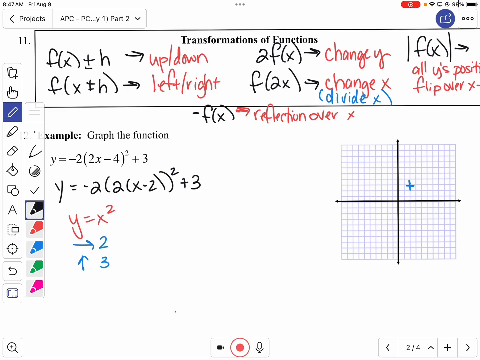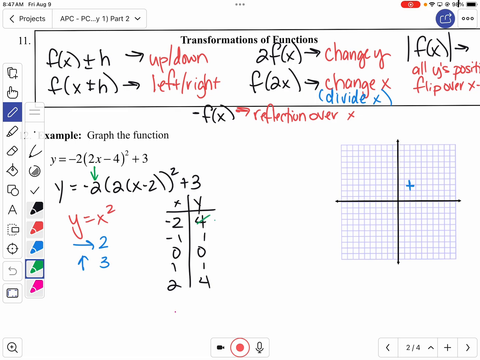Now, the thing about the other stuff that's left, I think about that basic table of ordered pairs for a quadratic. You don't have to write that part down, but that's what I think about. That's my y equals x squared ordered pairs. The -2 in the front is going to change all of the y's.